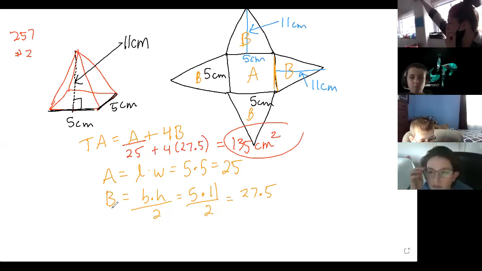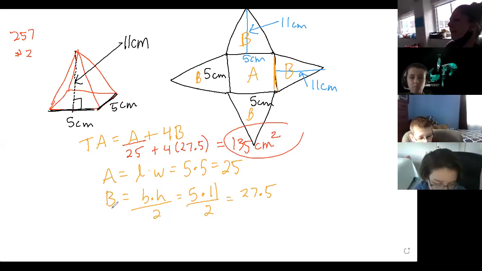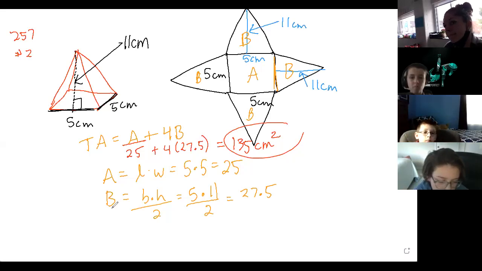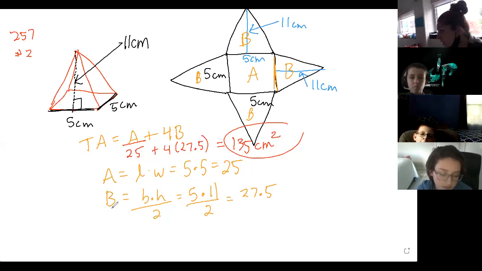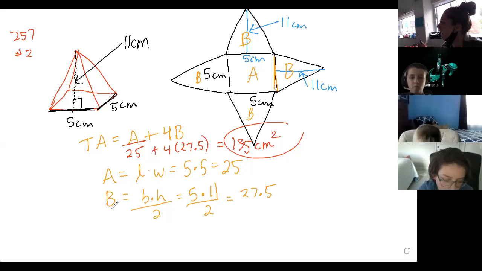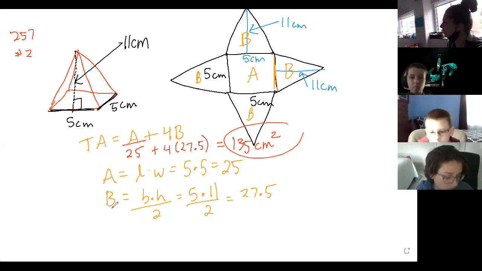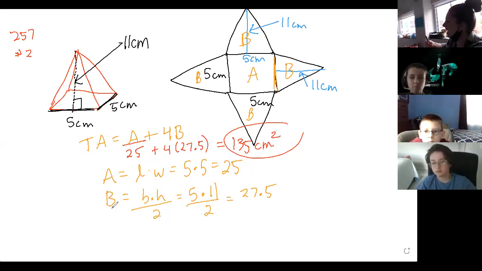Questions, Alicia? Did you have to divide the 55 by 2? Couldn't you just have multiplied it by 4? No, because you don't have 4 shapes. I mean 2, that's right. You could have, but that's doing the same thing. I'm just decomposing the process so that we can all understand everything that's going on.